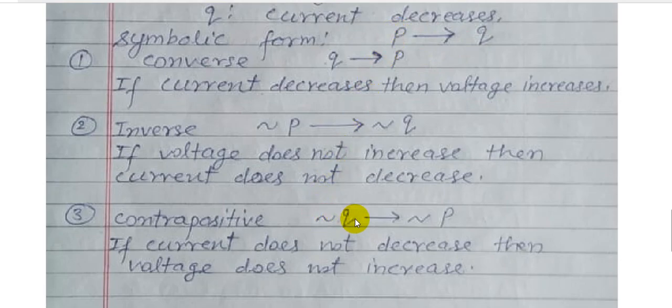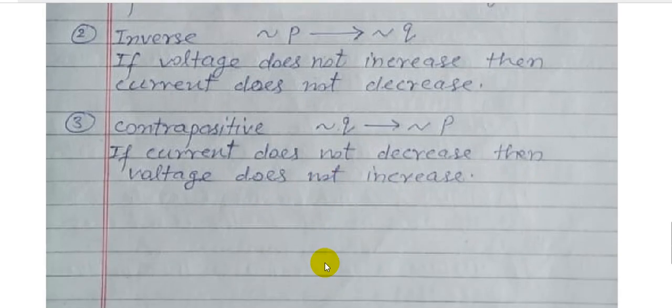So negation Q implies negation P. So what will be the verbal form? If current does not decrease, then voltage does not increase. Okay, see once again, if current does not decrease, then voltage does not increase.